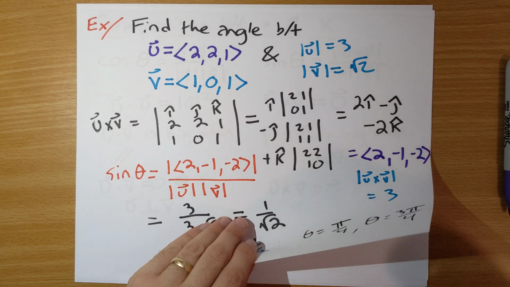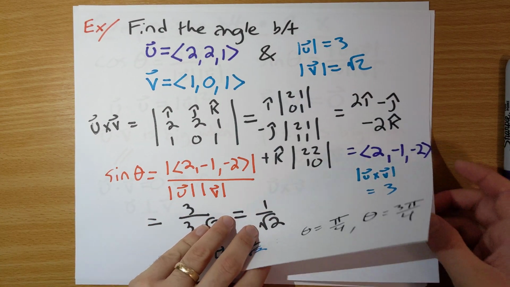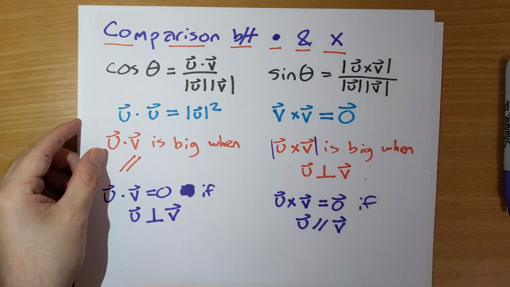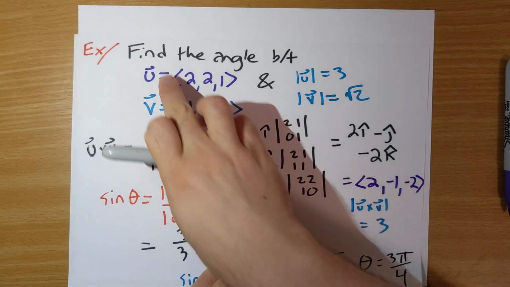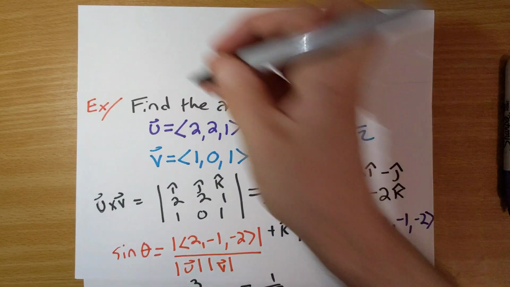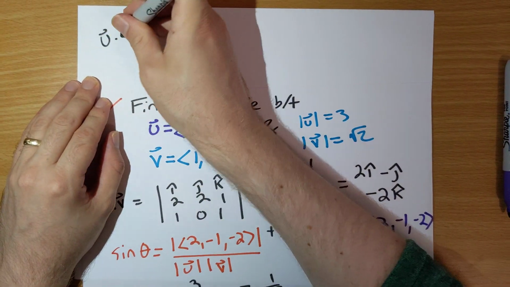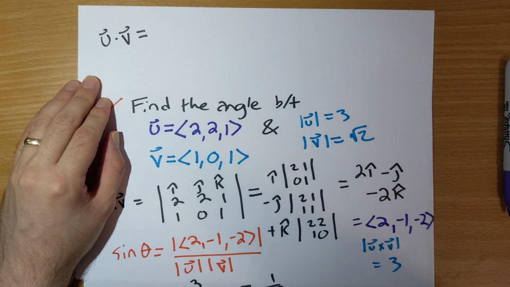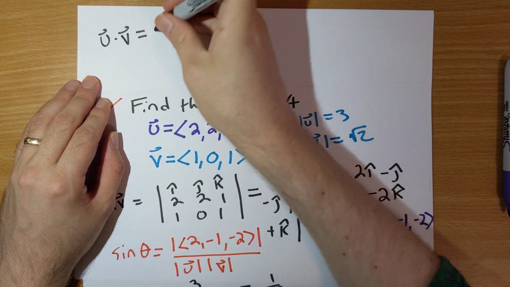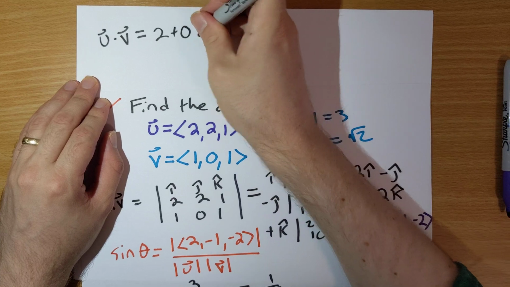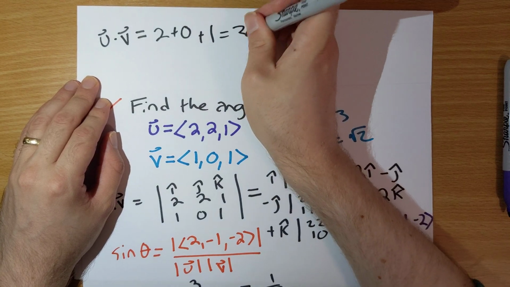So let's go ahead and run through the problem using the dot product calculations here. Once again, these are our vectors here. U dot v is equal to 2 plus 0 plus 1, which is 3.